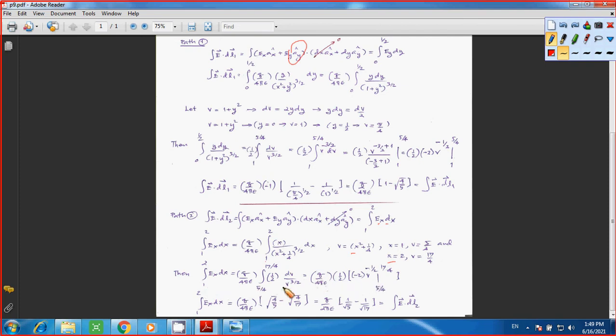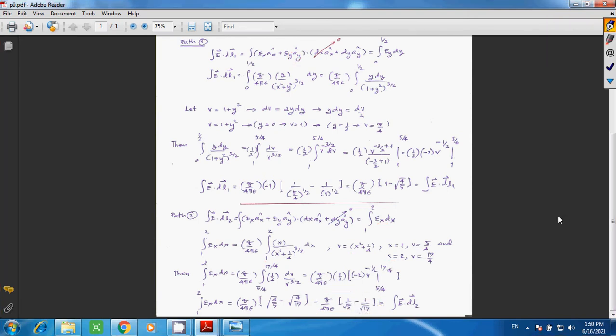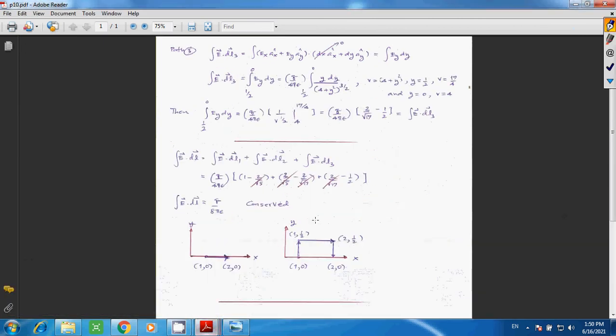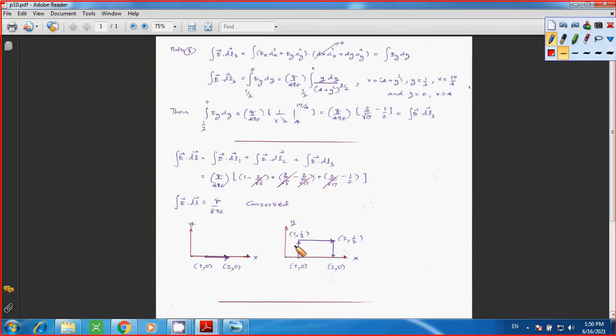Then you can do the integration, and finally I have for the line integration of the path number 2 equal to q over 2 pi epsilon multiplied by 1 over square root 5 minus 1 over square root 17. Now we're doing integration through the path number 3. It starts from the point 2, 1.5 to 0. So it's back to the ending point.